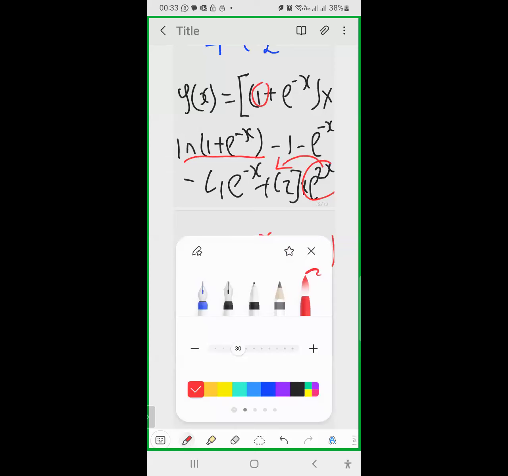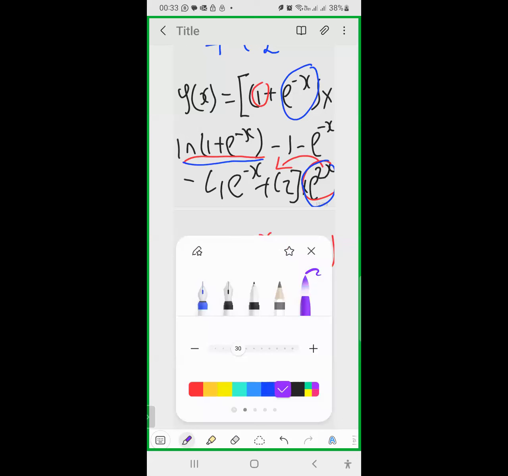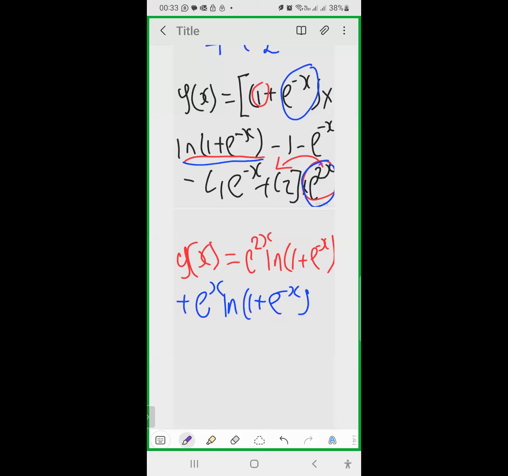And then we take this again, we multiply it by e to the power minus x. That will give us plus e to the power x, which we then multiply by the ln of 1 plus e to the power minus x, close bracket, and then we take e to the power 2x again, we multiply it by minus 1, so this will be minus e to the power 2x.